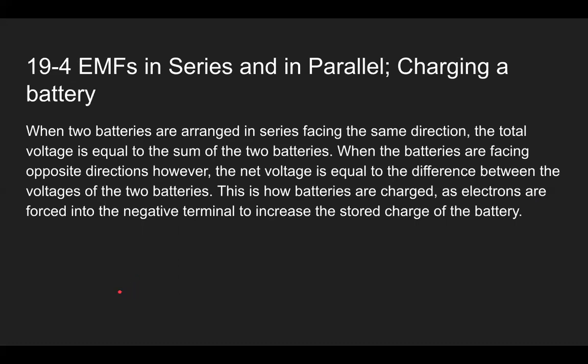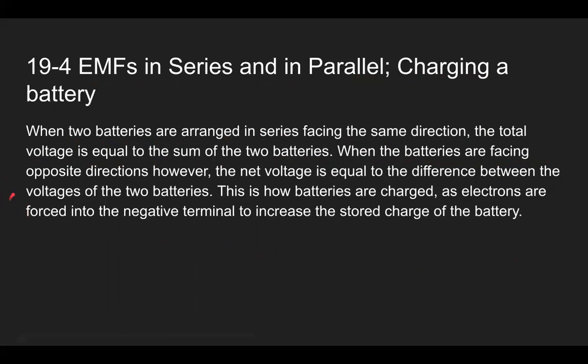19.4 is much simpler. It's EMFs in series and parallel, and charging a battery. When 2 batteries are facing the same direction, with negative on the left and positive on the right for both, the voltages are added together, and you can think of it as one bigger battery.